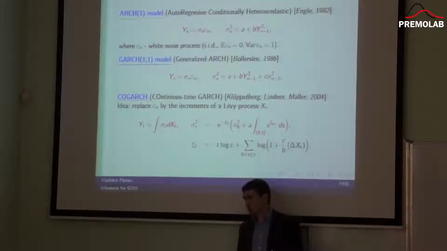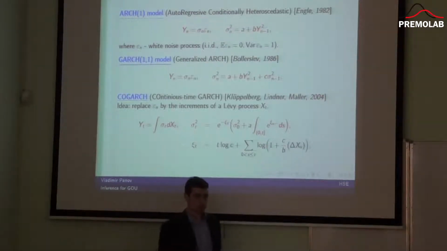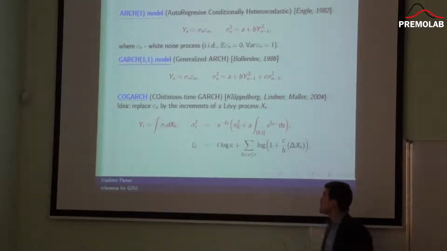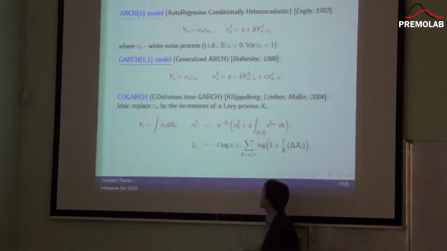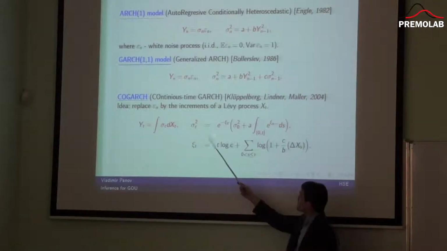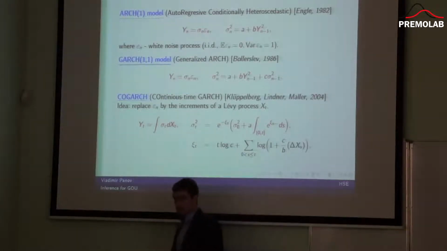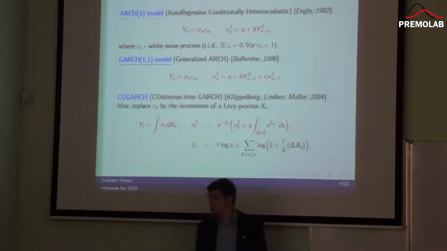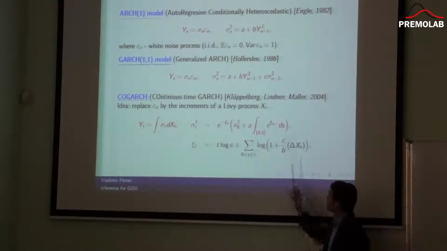The general idea is quite simple: to replace epsilon_n by the increments of some Levy process xi. This idea leads to introducing the following model with the stochastic integral. And as you can see, sigma_t is exactly the generalized Ornstein-Uhlenbeck process in our meaning of this word, where one of the processes is proportional to time, and the second one is a Levy process.